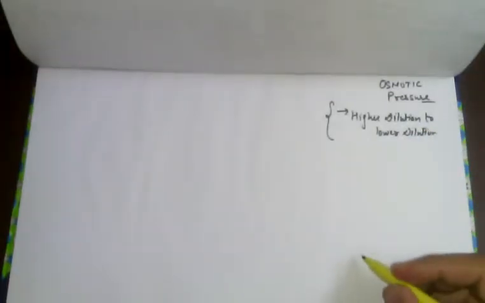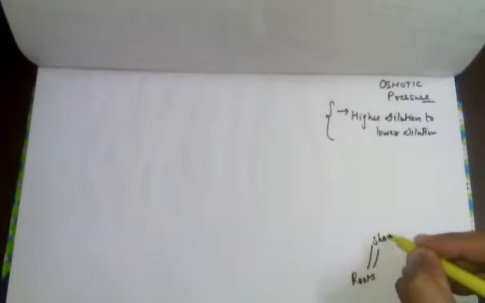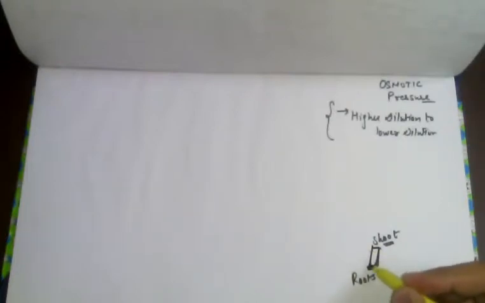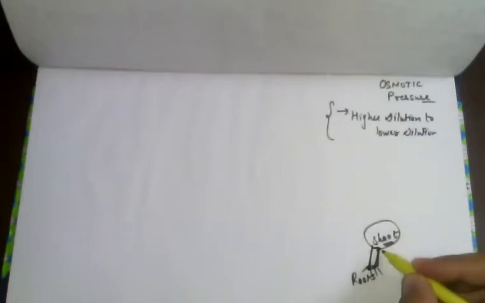When a plant needs to carry water from its roots to the tip of the plant, to the shoot side of the plant, this one is the branch. This one is the stem. This is related with the roots. This is having the shoot part. Upper part we call it the shoot part.